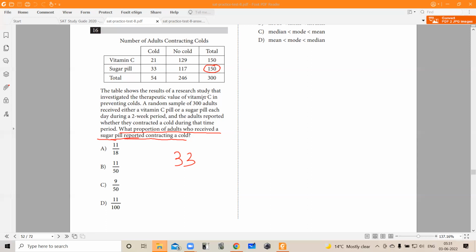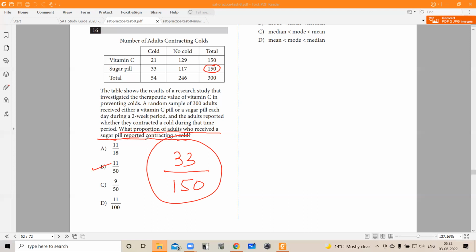33 over 150. Okay, what proportion of adults who received a sugar pill reported a cold? 33 adults that received a sugar pill got the cold, yes, exactly. But 150 people in total received a sugar pill. Correct. So that is the question, and that's 11 over 50.